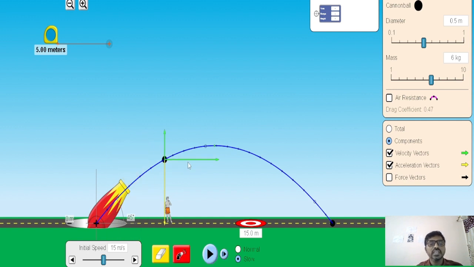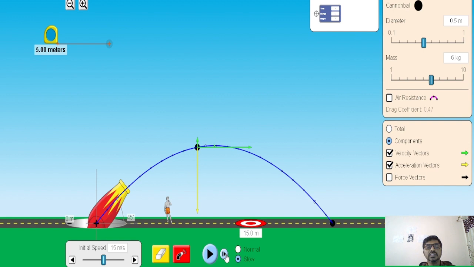Now you focus at any moment. You see this yellow line corresponds to acceleration, and you see it is vertically downwards, and initially vertical velocity is upwards, and whenever velocity is opposite to acceleration, you see that the magnitude of velocity vector will change, decrease. As long as acceleration is opposite to velocity vector, the component will decrease.